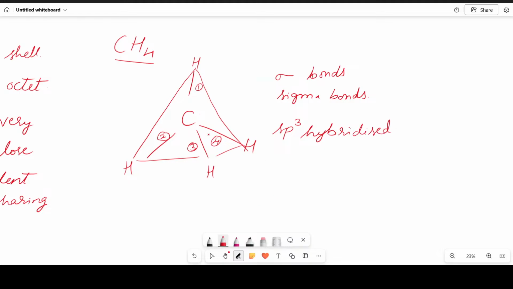In yesterday's session, we were looking into sp3 hybridization, sp2, sp, isn't it?